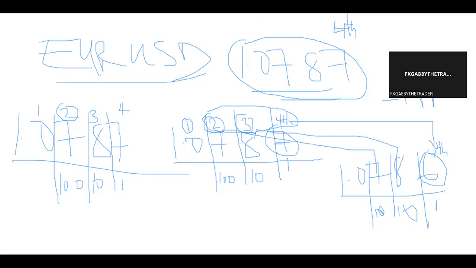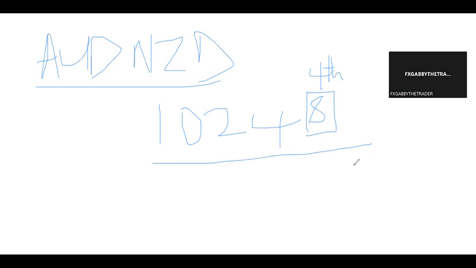I'm going to delete this and we keep the same thing. So let's pick another pair. Let's say AUD, not NZD. I hope you have used your pen and paper to do what I've shown you, to label it. Let's say AUD is currently at this certain price level, 1.0248. And then we said the pip is always from the 4th decimal place. That is where we start counting our pips. So let's do our table again. We draw the first line.